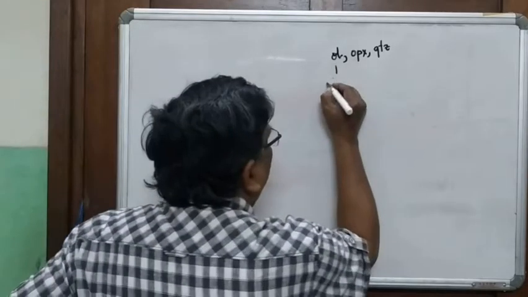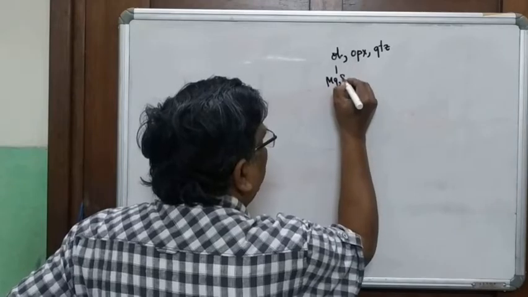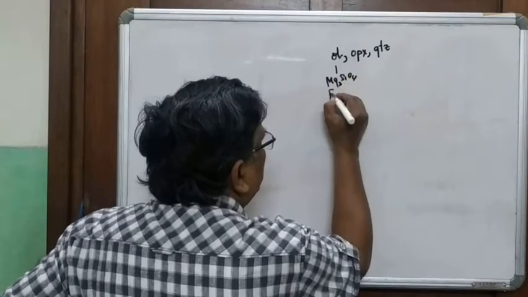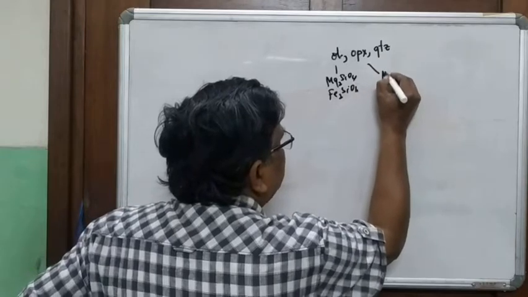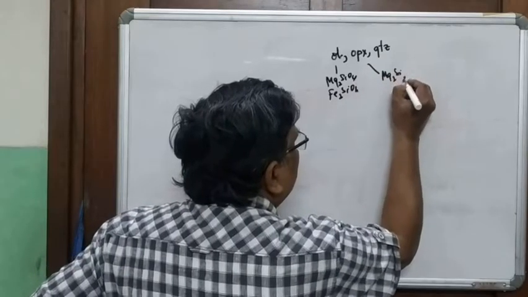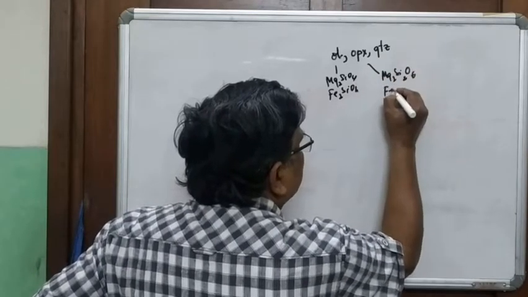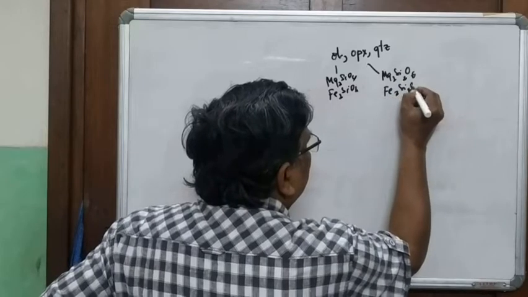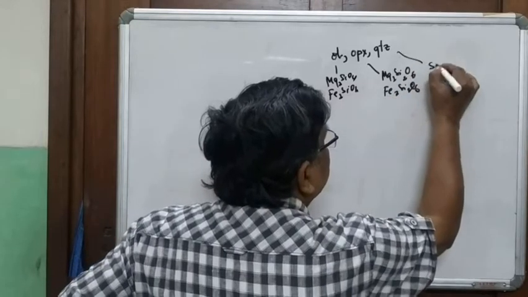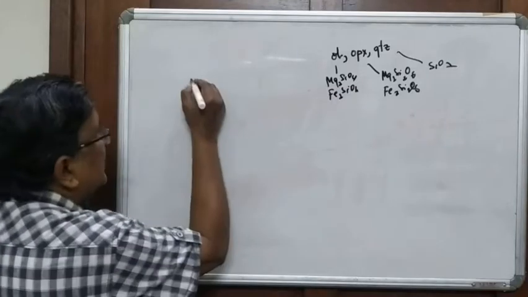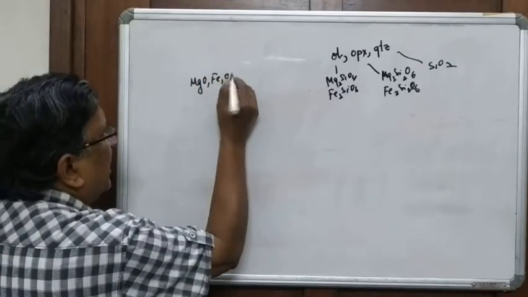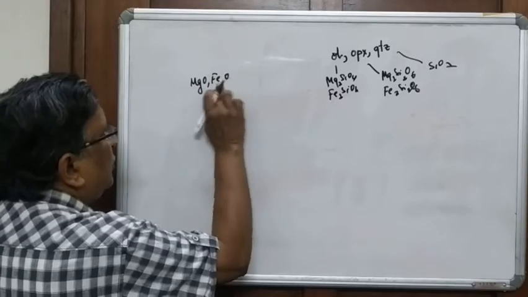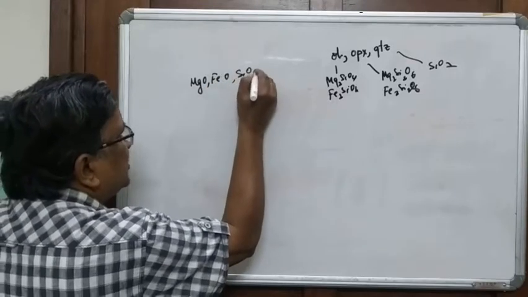You know by now, olivine is Mg2SiO4 and Fe2SiO4, orthopyroxene is Mg2Si2O6 and Fe2Si2O6, and quartz is SiO2. This is the MgO, FeO, SiO2 system.